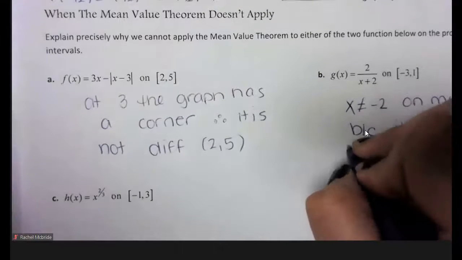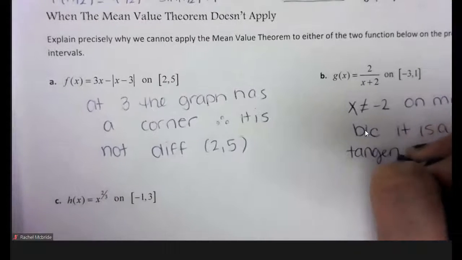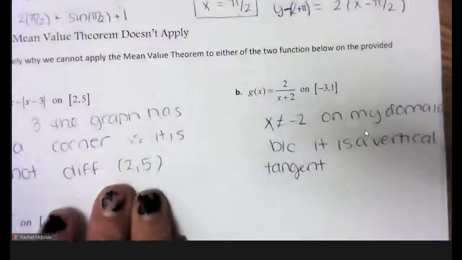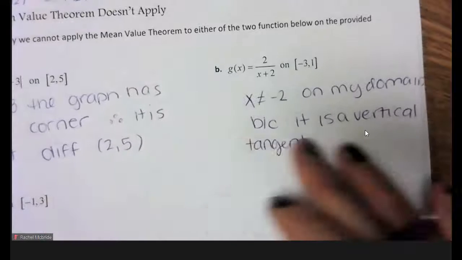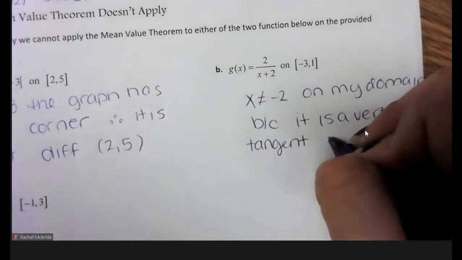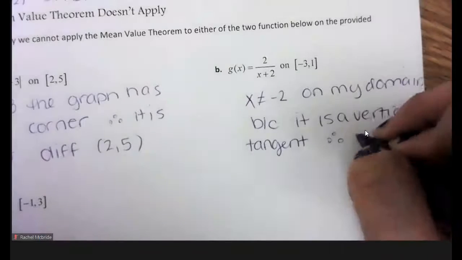So that would give you a vertical tangent. Therefore, it is not in our domain. If it's not in my domain, what is this graph not that fails the mean value theorem? Exactly.